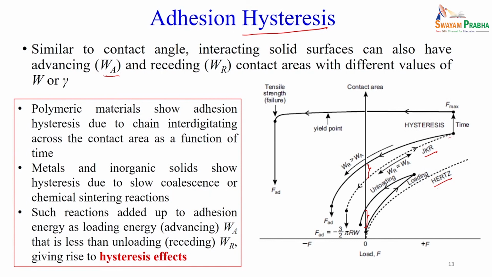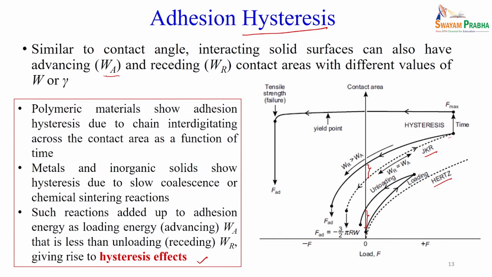Whenever such reactions take place at the interface, the adhesion energy, or you can say the loading energy, is less than the receding or unloading energy, and this phenomenon is known as hysteresis.